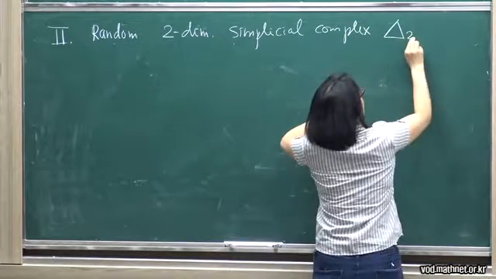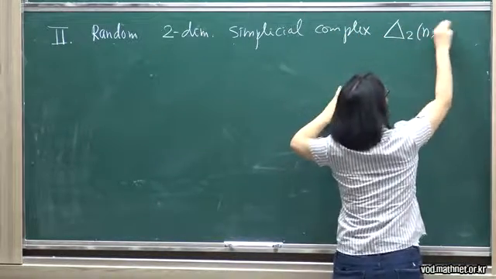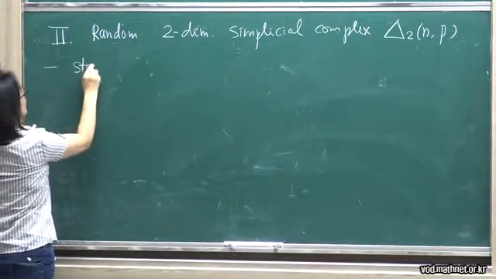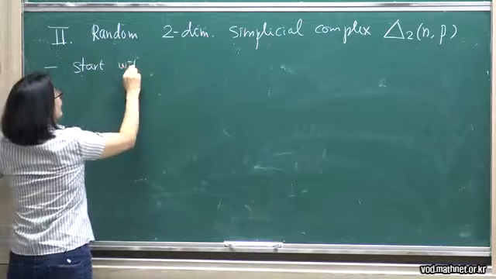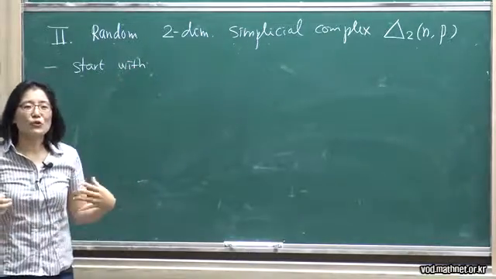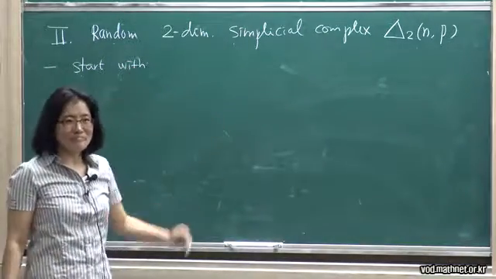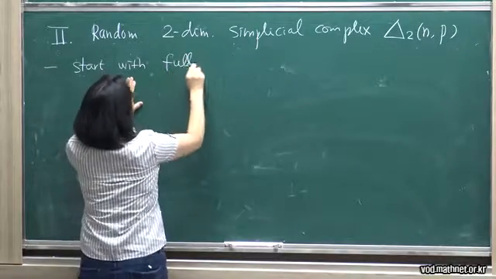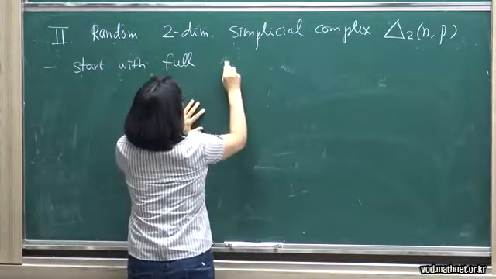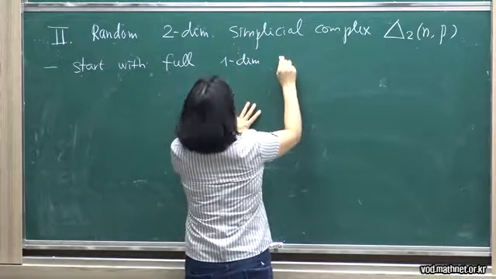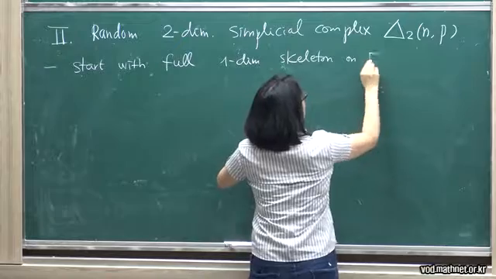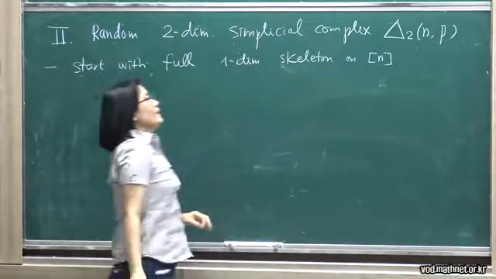I will denote it by Delta 2 of n comma p. So what is it? We start with, I will use some language that I don't know well, but that I will review, the full one-dimensional skeleton on n vertices.